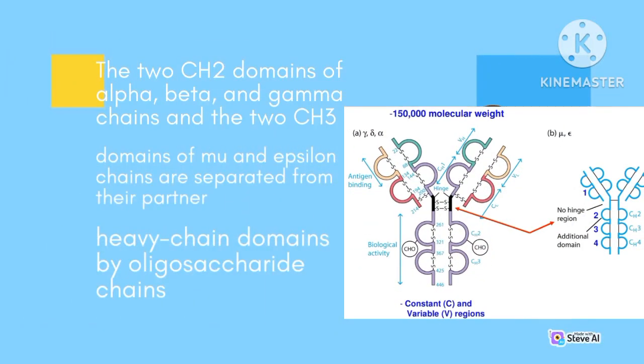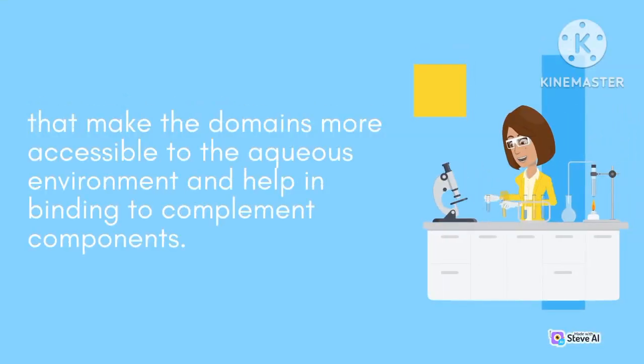The two CH2 domains of alpha, delta, and gamma chains, and the two CH3 domains of mu and epsilon chains are separated from their partner heavy chain domains by oligosaccharide chains that make the domains more accessible to the aqueous environment and help in binding to complement components.